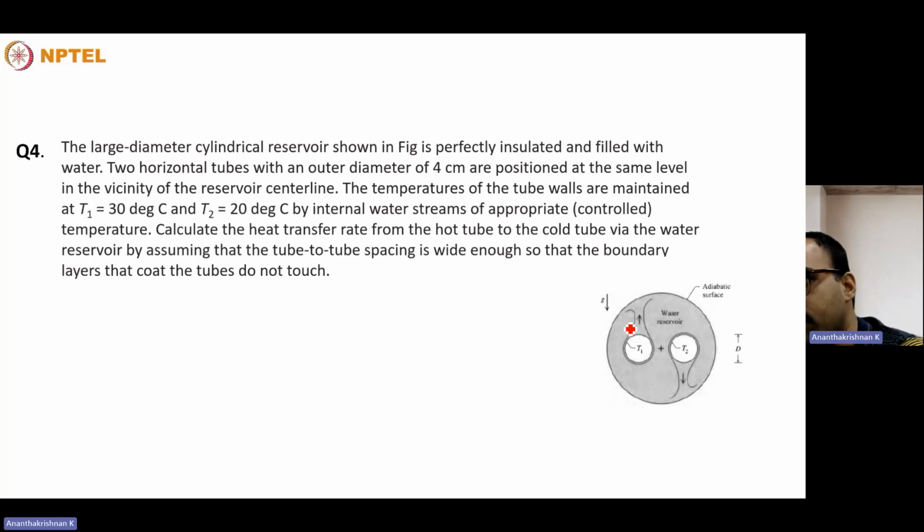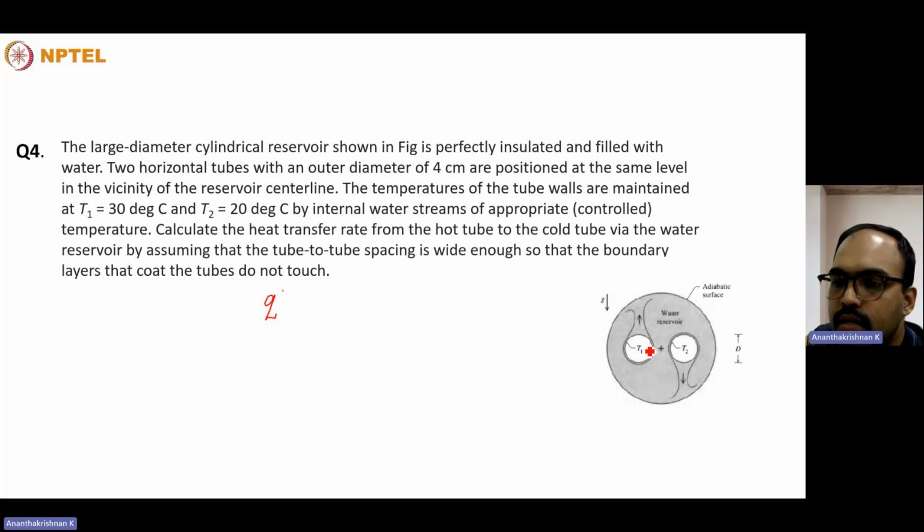So once we get the basic concept, then it's straightforward. It's a straightforward resistance-based approach problem. So we can try to denote it straight away. We need to calculate the heat transfer rate from the hot tube to the cold tube. If you assume that these two tubes extend infinitely into the plane of the paper, we can assume unit length.